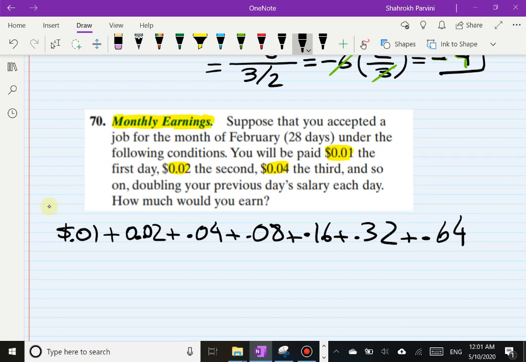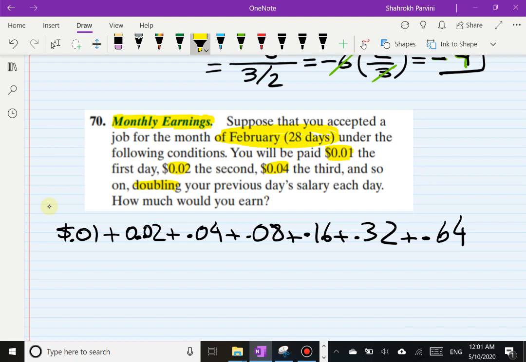Now, if you add these up for the first week, by the way, look, you made almost $1, less than $1.50, right? Which is an impressive figure. But the question is interesting. Suppose this doubling goes on for the whole month of February, which is 28 days.